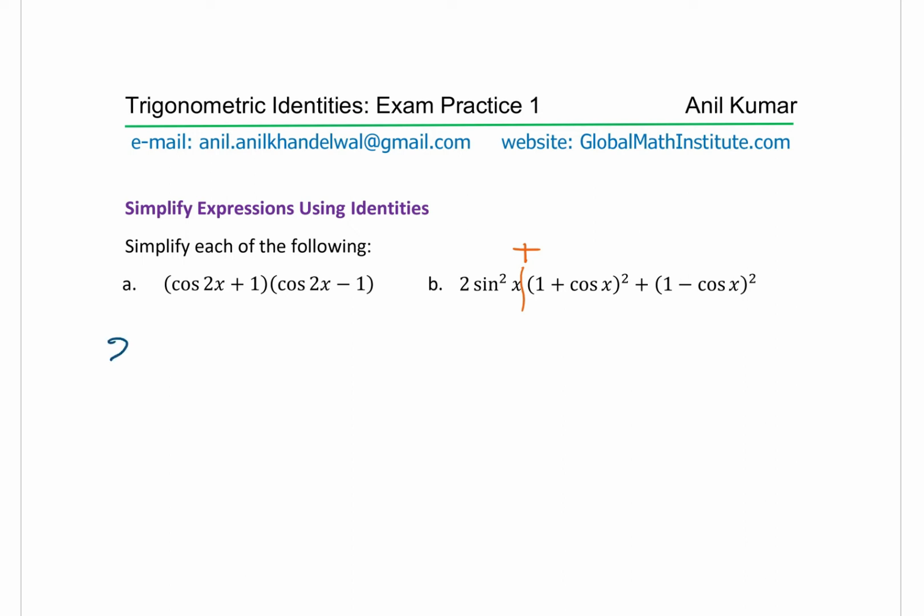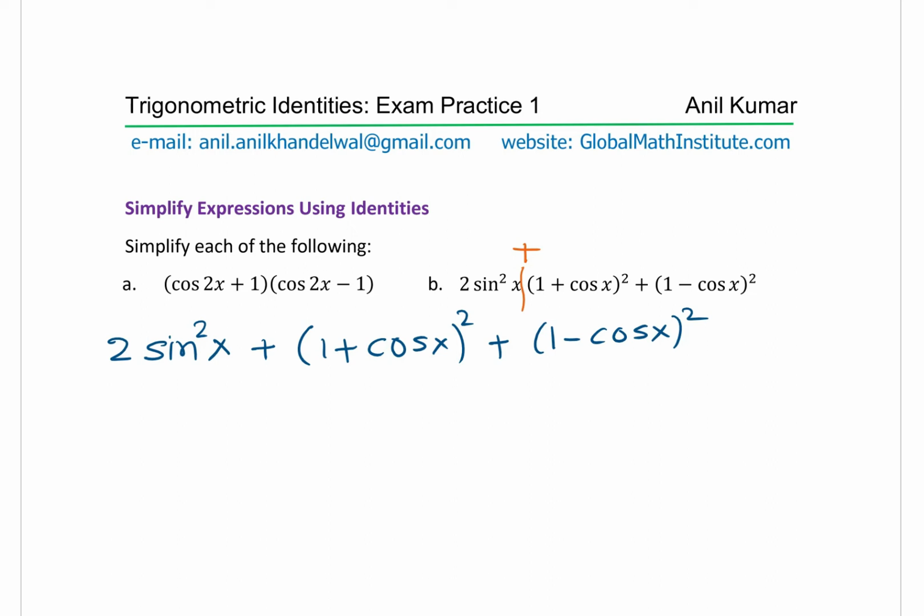It is 2 sine square x plus 1 plus cos x whole square plus 1 minus cos x whole square. So we have to simplify this particular term.